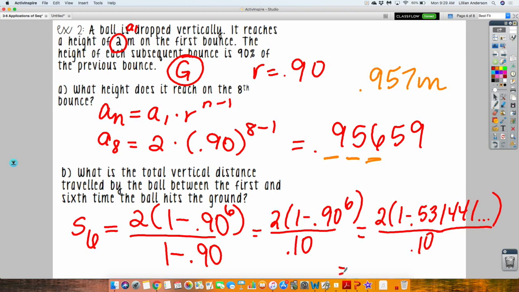Then you get another long decimal multiplied by 2. So then you'll have 0.937118 and some change divided by 0.10. And so you'll end up with 9.37 meters. And that is the total distance.